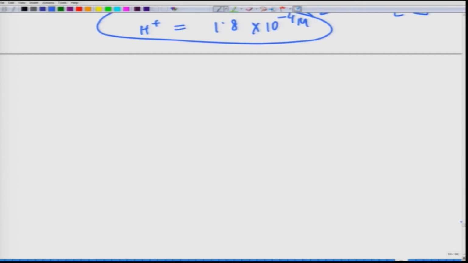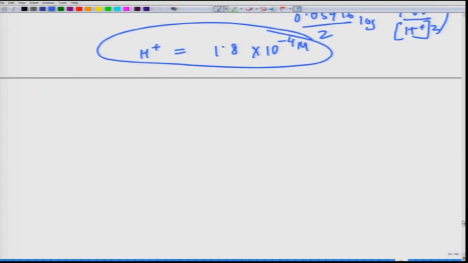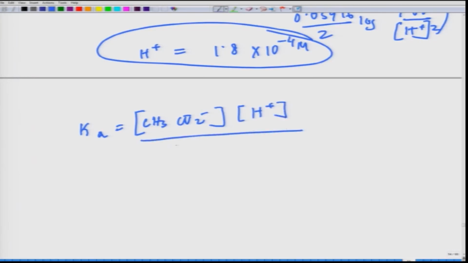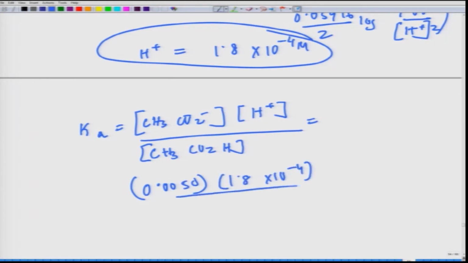Based on this you can take it to the next level, where you can calculate K equal to CH3CO2 minus, if you remember on the left hand side how the concentrations of these were shown, CH3CO2H, and if you insert the values now, this is what you are going to get. And that brings us to 5.